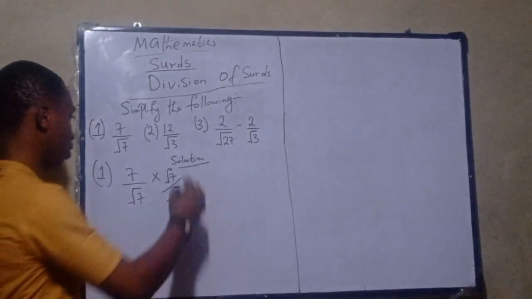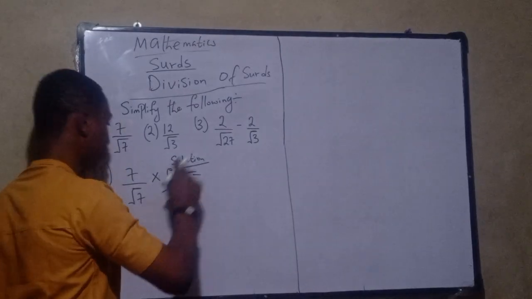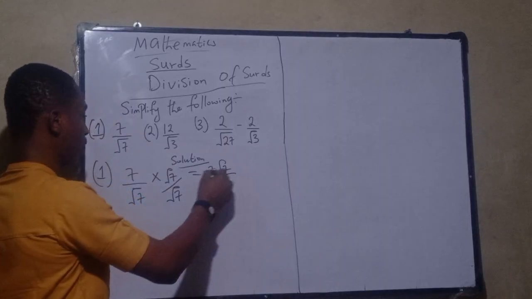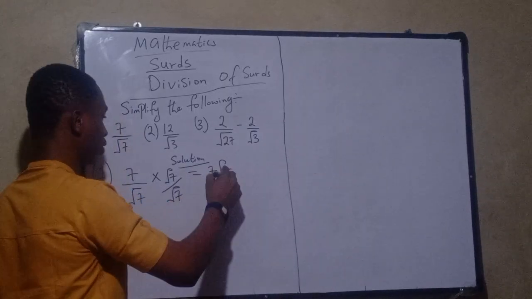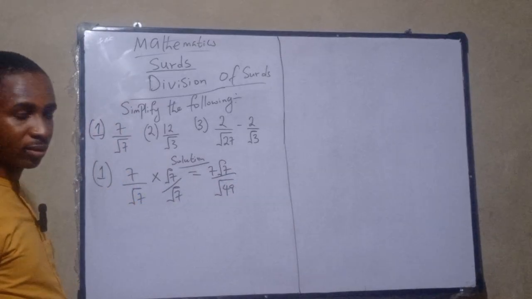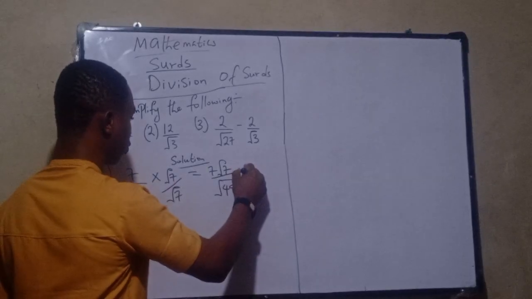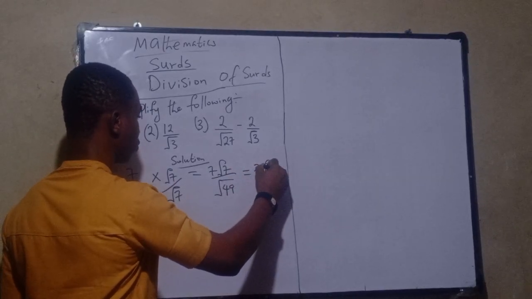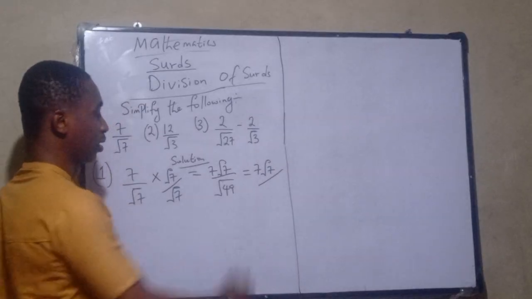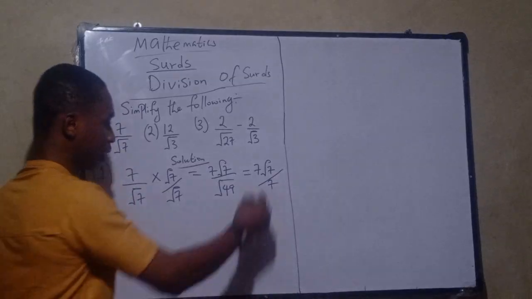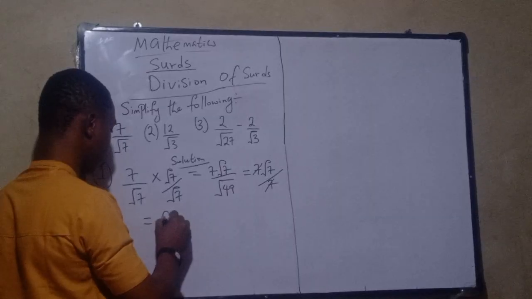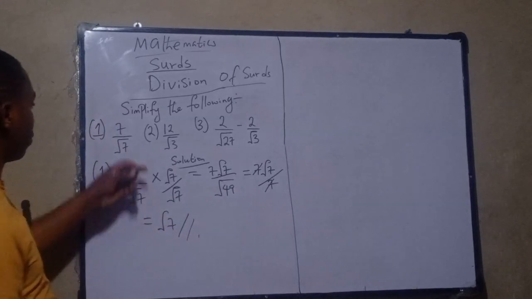If we do that correctly, this will be equal to 7 times root 7, which gives 7 root 7, all over root 7 times root 7, which gives root 49. Now let's proceed. This will be equal to 7 root 7 all over the square root of 49, which is 7. This 7, we cancel this 7. We are left with root 7. This gives you the answer for this.